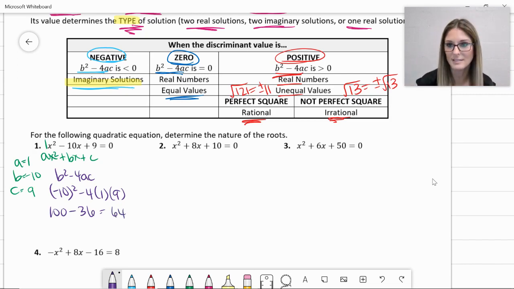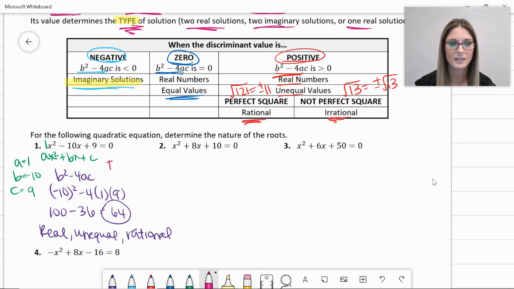So since it's positive, the discriminant value is 64 because it is positive, and it's a perfect square. It's going to be real. They're going to be unequal x-intercepts, but it is rational.